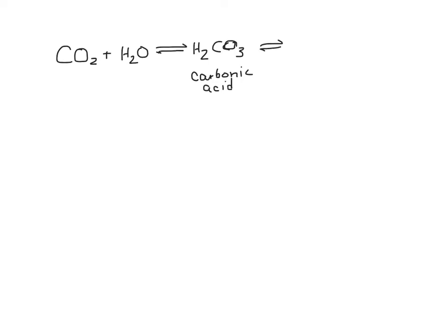And that's sort of unstable, for the lack of a better word. And it actually dissociates down into its proton, the H+ ion, and the bicarbonate ion. Okay? And this basically is the acid ion.